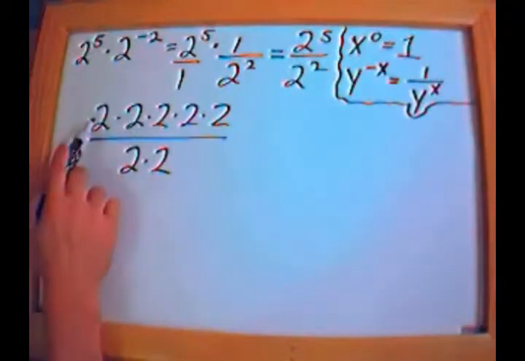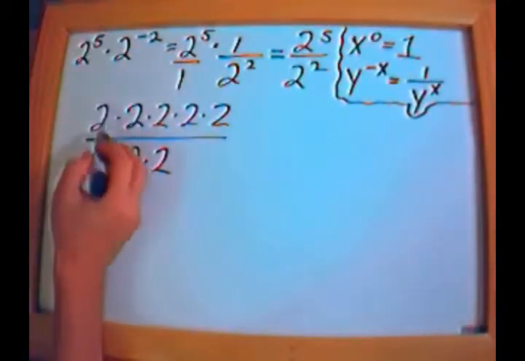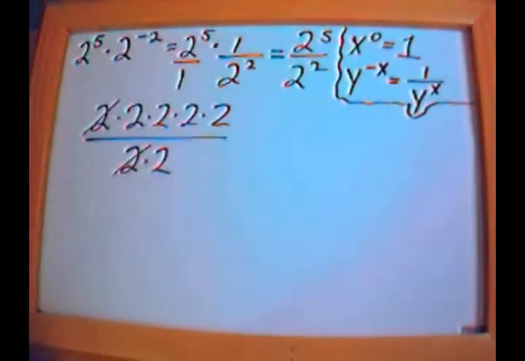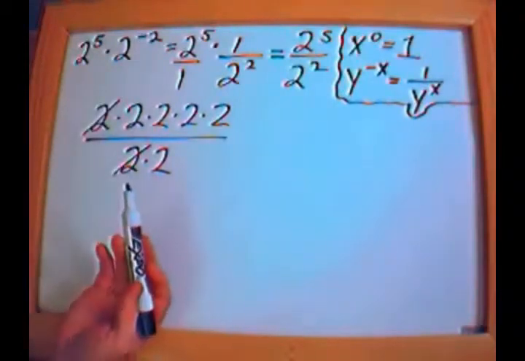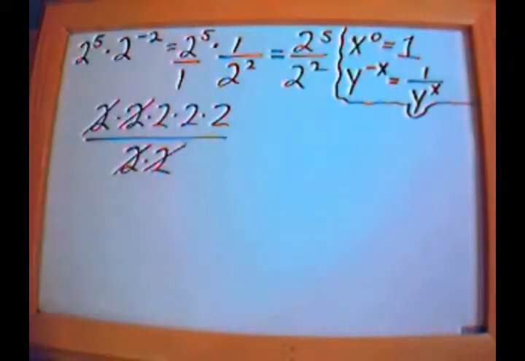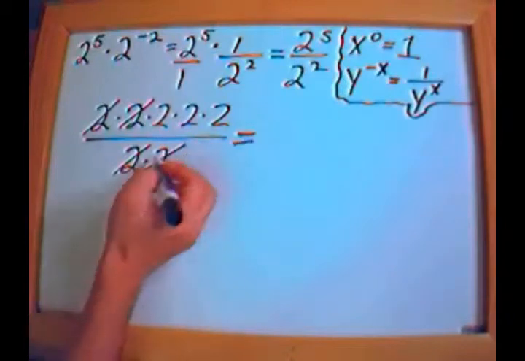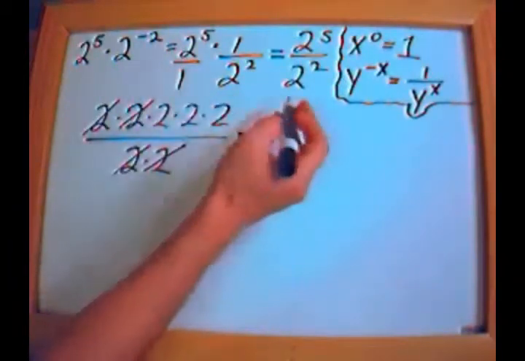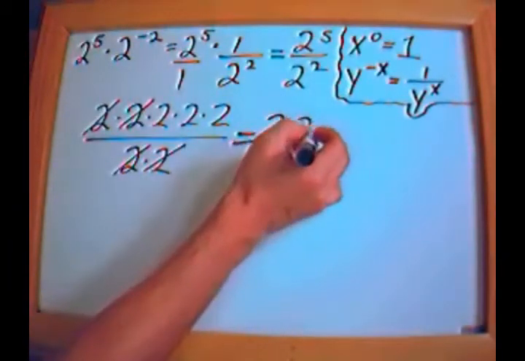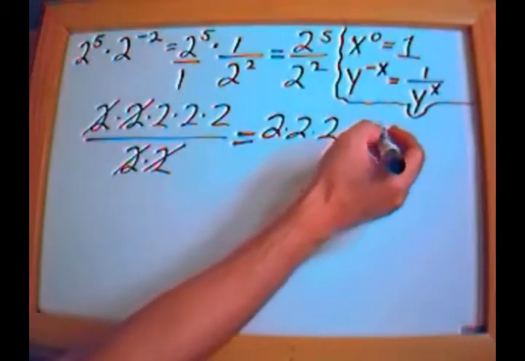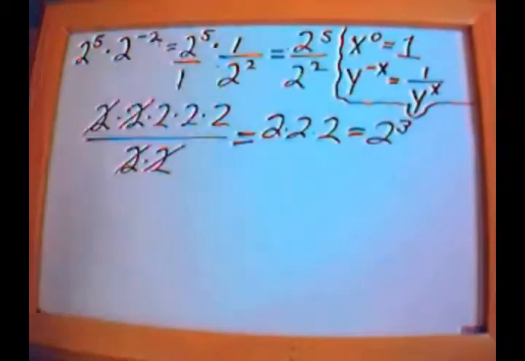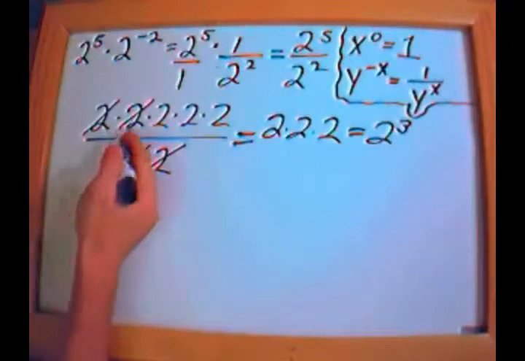Now in fractions like this, when I have lots of things multiplied together, anything on the top can cancel with the same thing on the bottom, because 2 over 2 is 1. I cancel this 2 with this 2, that's 1. So on the bottom I'm simply left with 1, and on the top I'm left with 2 times 2 times 2, which is 2 to the 3rd. That's the long and drawn out way to simplify this.